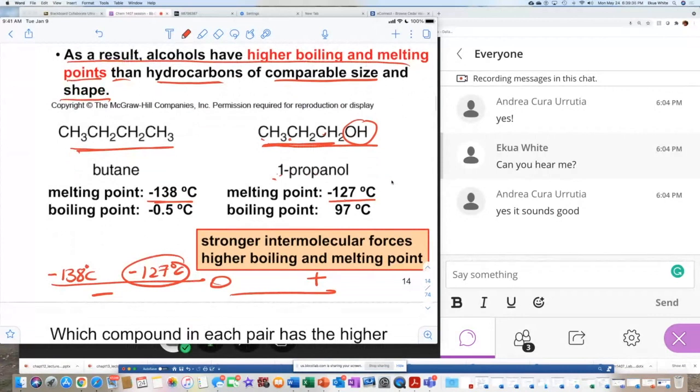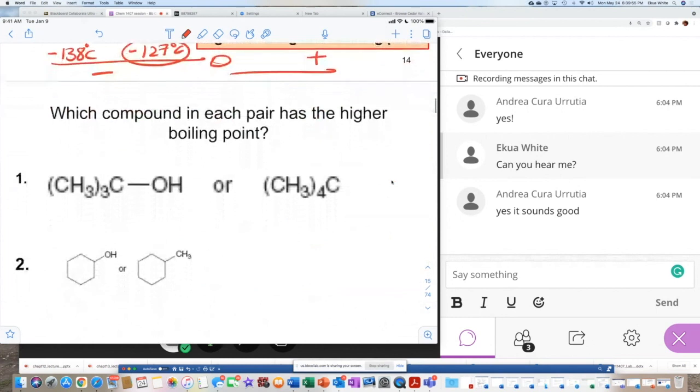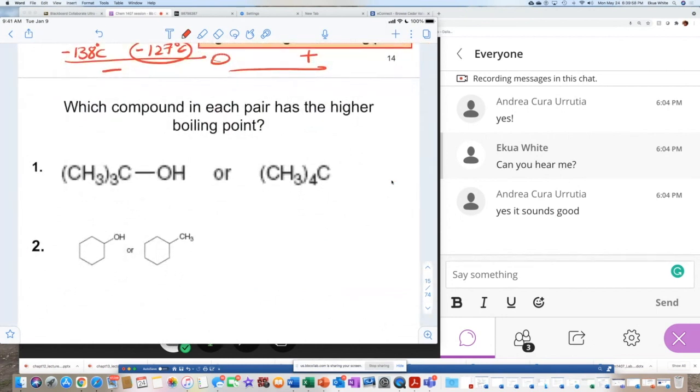This boils at 97 degrees Celsius, close to water. And then this one here is negative 0.5 degrees Celsius. Very, very far away. Okay, so this is not just low, very low boiling point, and then this one here is very high boiling point.